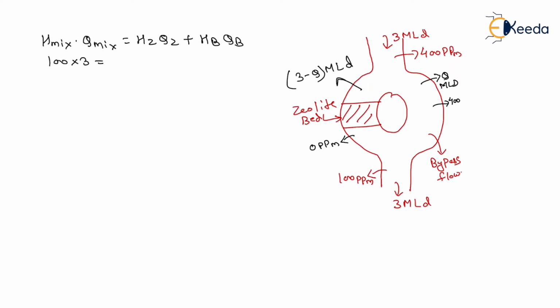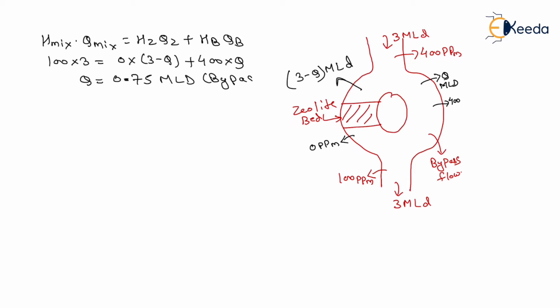Hardness of zeolite is 0 and discharge is 3 minus q. Similarly, hardness of bypass flow is 400 and discharge is q. By solving this, we get q equal to 0.75 MLD. That is the bypass flow rate.